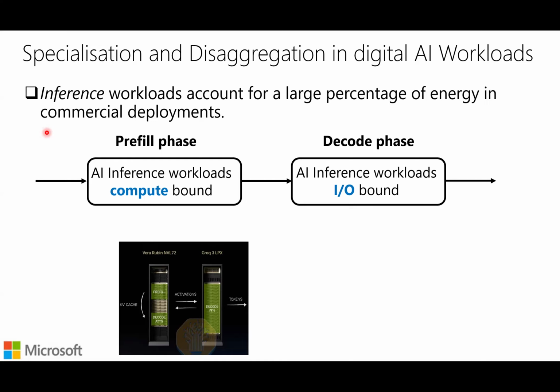My understanding of this is not very good, but I think basically prefill is where you type in your prompt, and your prompt is loaded into some system, together with all the context of the previous discussion you've been having with the system. And that gets you up to the point where you're ready to start generating tokens.